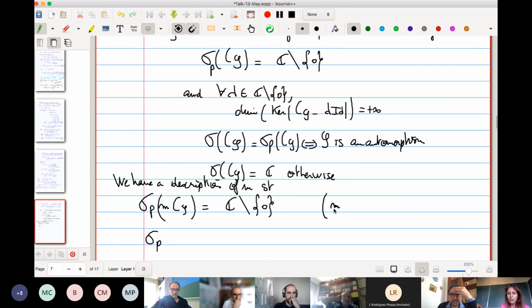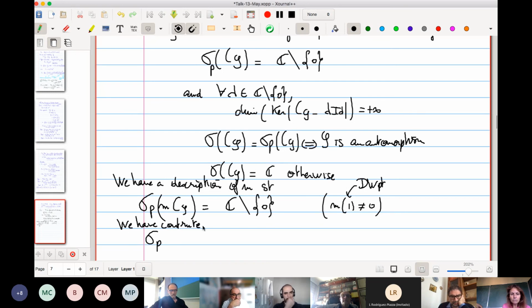For example, if m at 1, the Denjoy-Wolff point, is not 0, and we also need that m is continuous in the neighborhood of 1, then you have this phenomenon. And we have constructed examples of weights such that the point spectrum is empty.